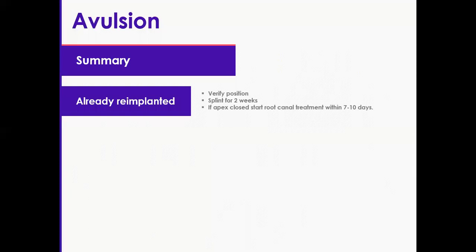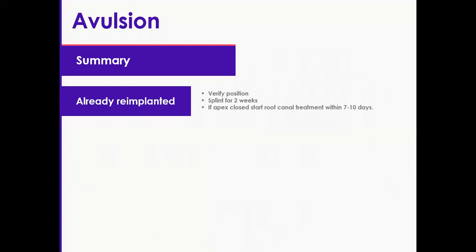So in summary, if the tooth has already been replanted, just verify the position and splint for a couple of weeks. If closed apex, root canal as soon as possible. If not, you just keep monitoring the maturation and revascularization of the tooth. If it is maturing, that means it's got blood vessels inside the tooth.